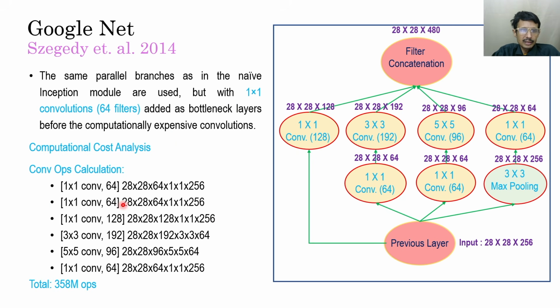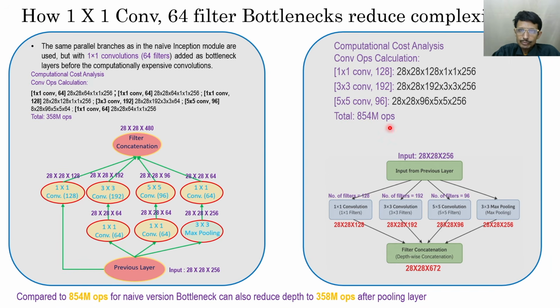So here you can see how many operations are required with the one by one convolution. With the parallel branches, the naive inception layer needed 854 million operations, as we have discussed. With a similar setup using bottleneck layers, it becomes 358 million operations, which is much smaller.